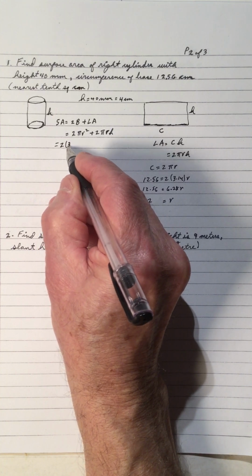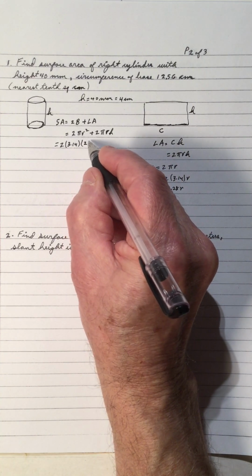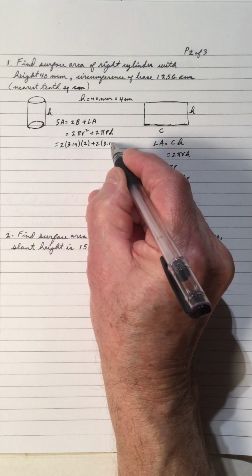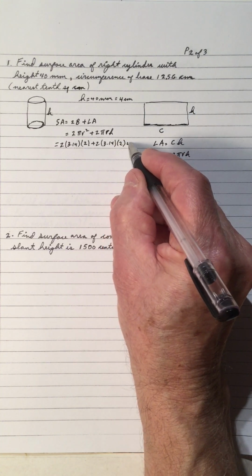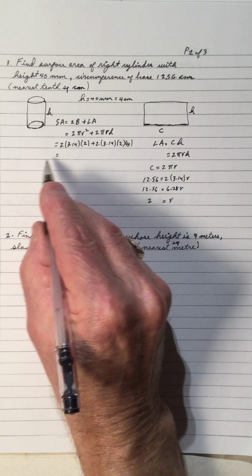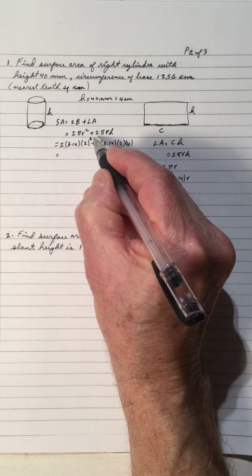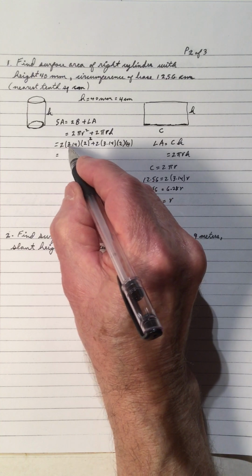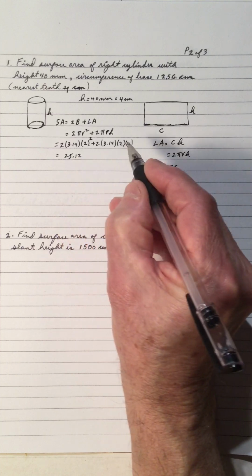Pi is 3.14, the radius is 2, and the height is 4. So if we multiply that out, 2 times 3.14 times 2 squared. 2 squared is 4, so 2 times 4 is 8. 8 times 3.14 is 25.12 if you use your calculator.